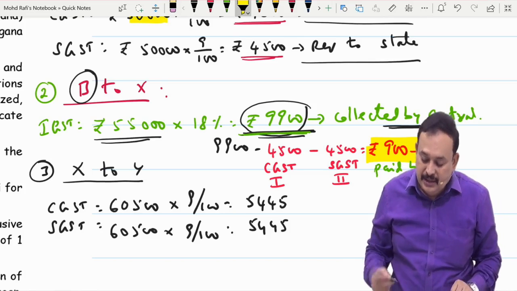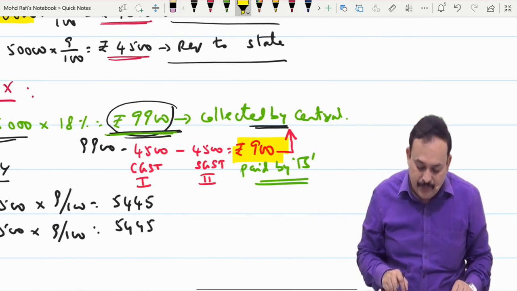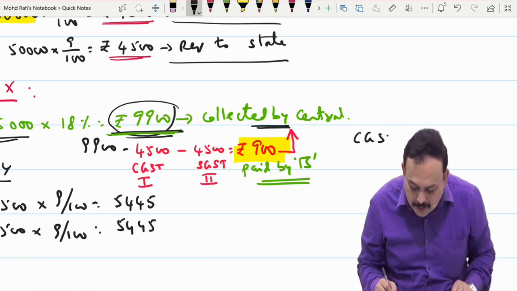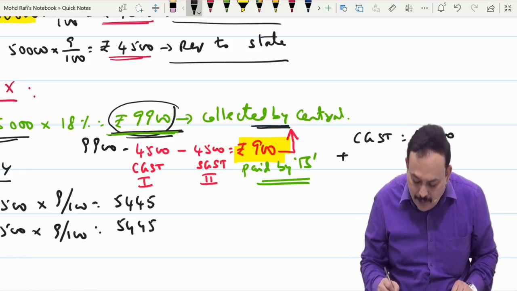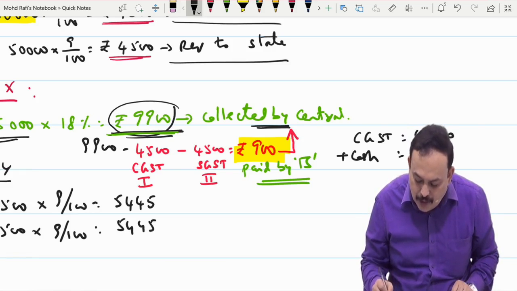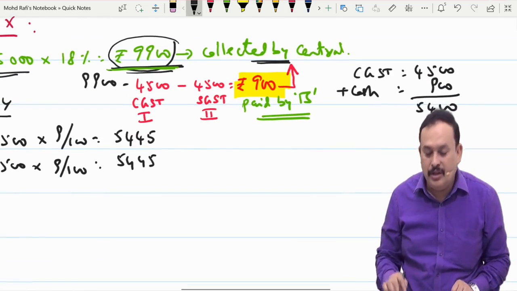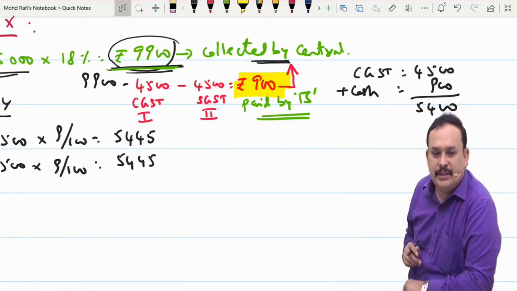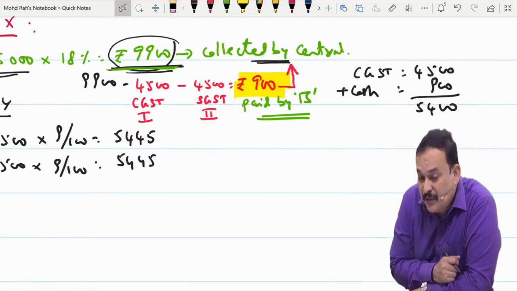For which the Central Government of India said, I already have with me CGST 4,500. Now I got cash 900. Totally 5,400. I got 5,400. Look here, 5,400 I got.